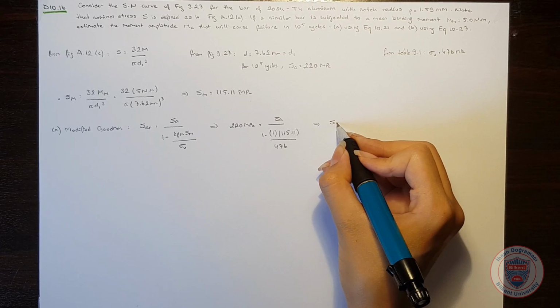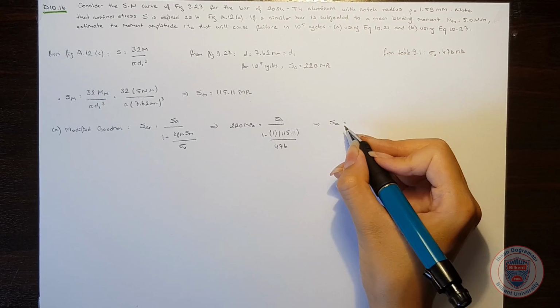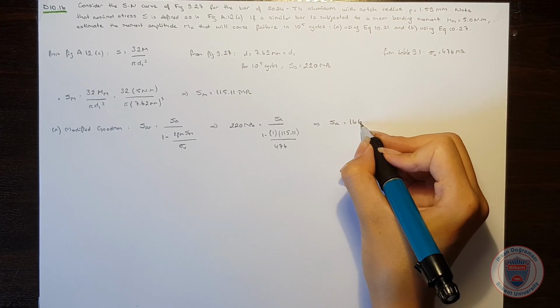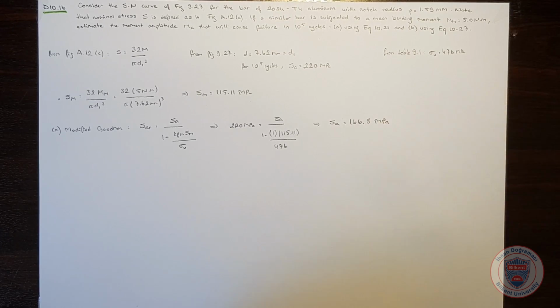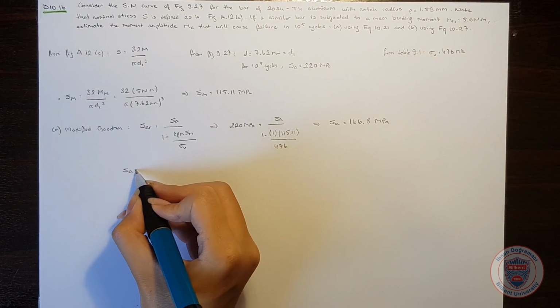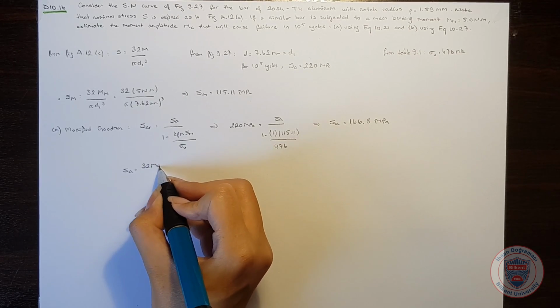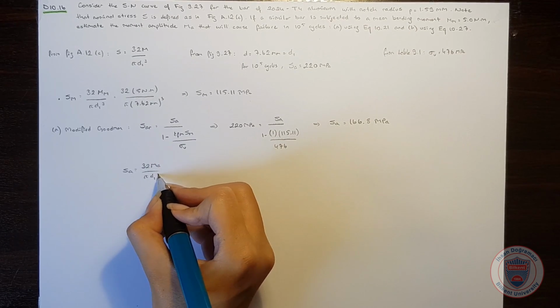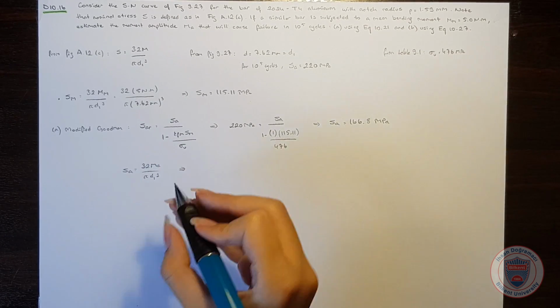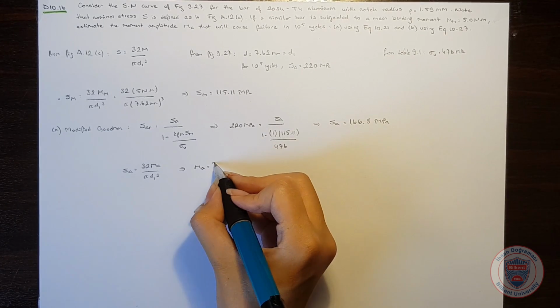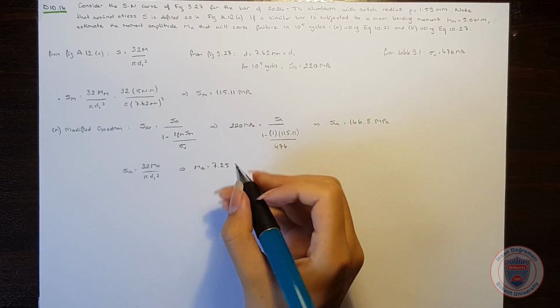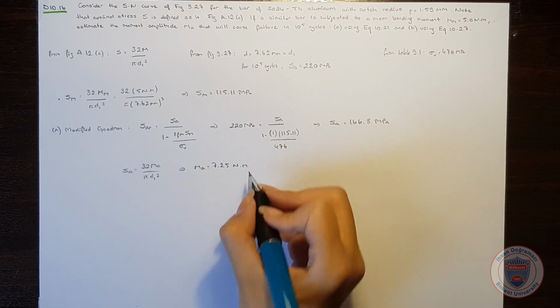So that the nominal stress amplitude will be equal to 166.8 MPa. Since SA is equal to 32 MA over pi d1 cube, MA will be equal to 7.25 Newton meters.